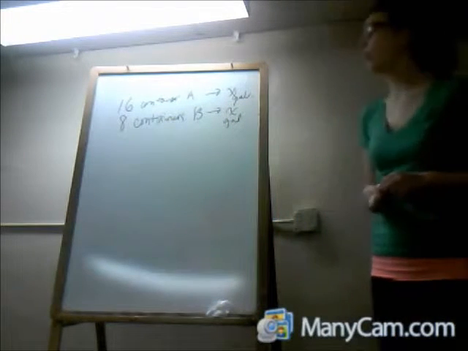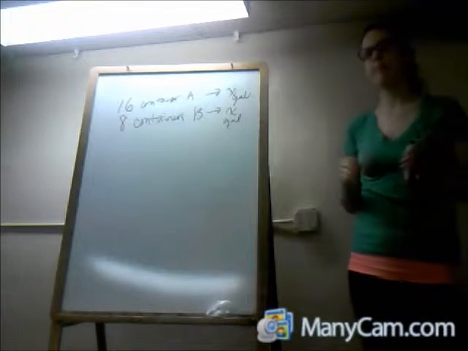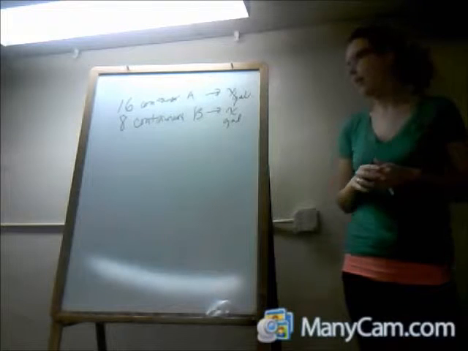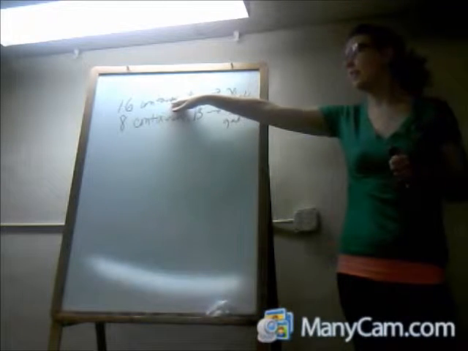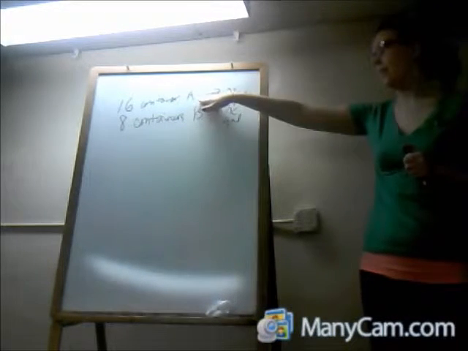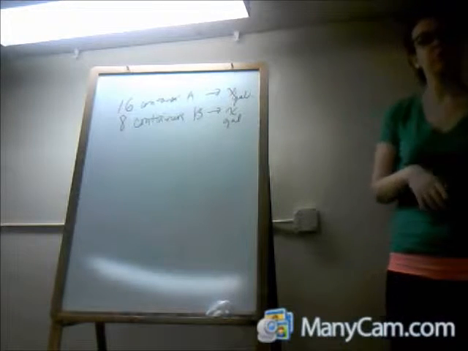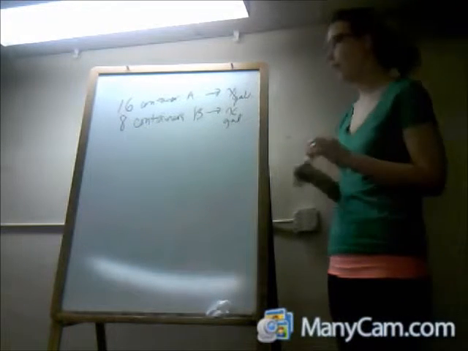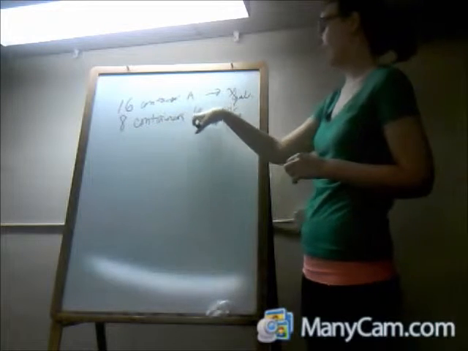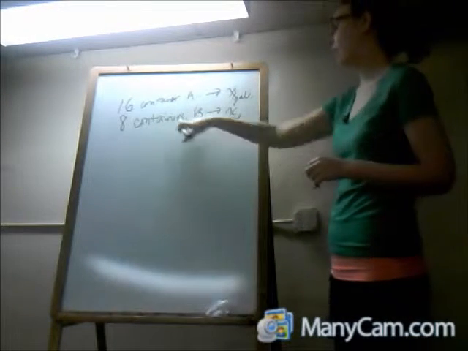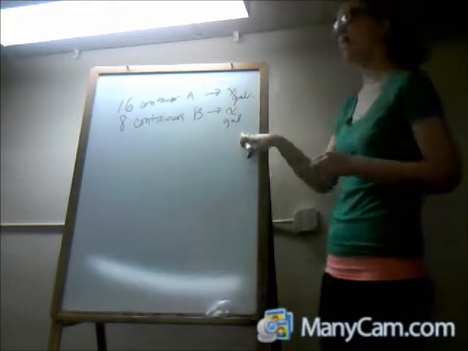So just from looking at this, which do you think, A or B, is the bigger container? B. Yeah, exactly. Because if 16 containers make up X gallons, they're each going to be a smaller amount adding to that final sum. So we have 8 containers of B that make up X gallons.